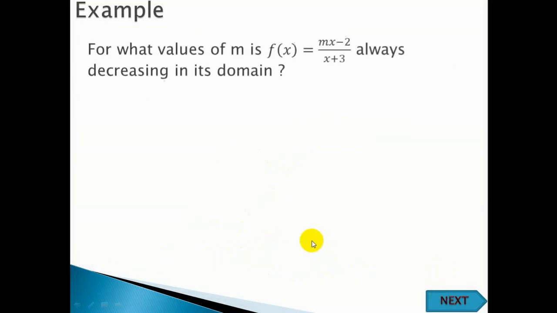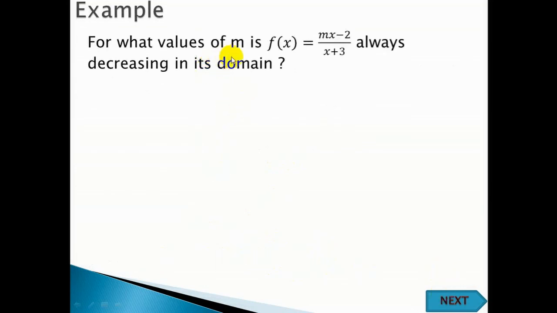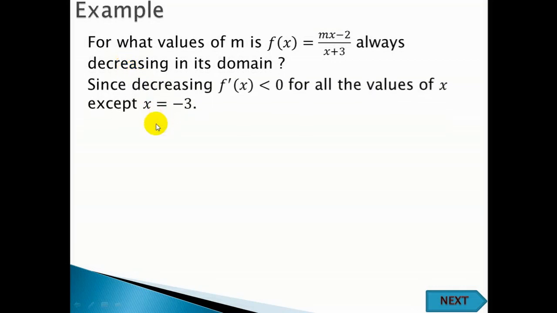Another example. For what value of m is f(x) equals (mx minus 2) over (x plus 3) always decreasing in its domain? Because they talk about decreasing, that means the first derivative is less than 0, for all values of x except x equals minus 3, because this is the denominator and the denominator is not allowed to be zero.